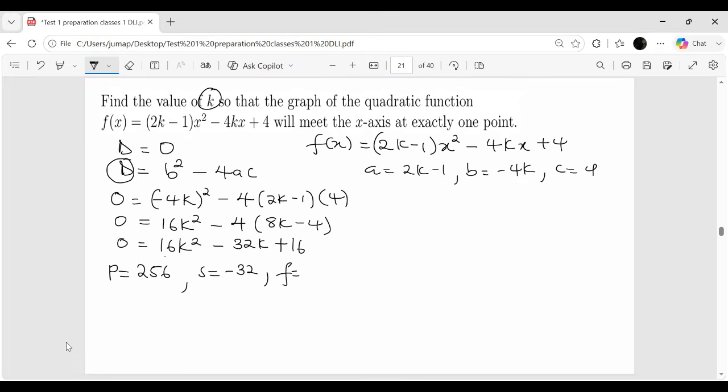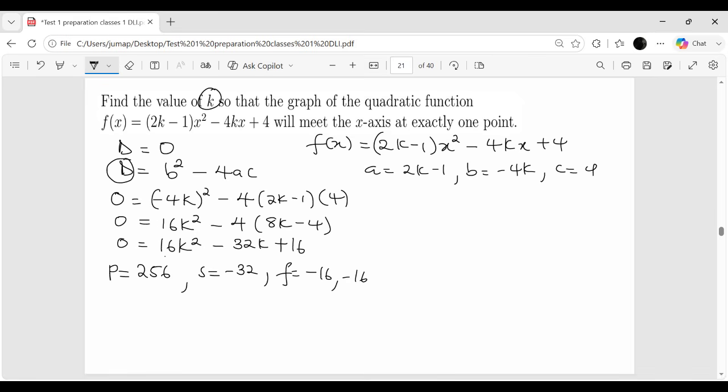Okay, so the two numbers, you're actually right. It is negative 16 and negative 16, because if you add negative 16 plus negative 16, it's going to give you negative 32. Then when you multiply negative 16 times negative 16, you're going to get 256.